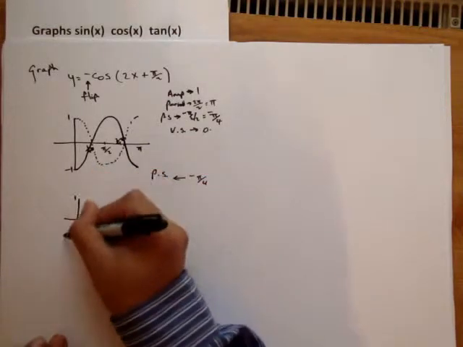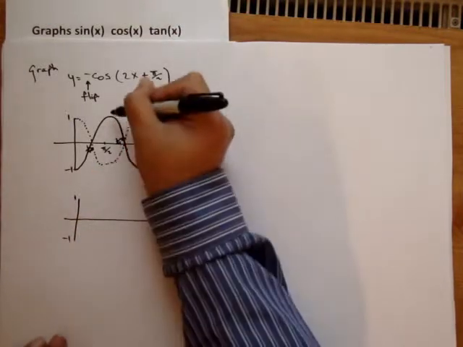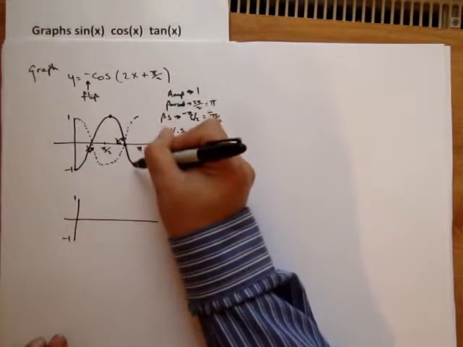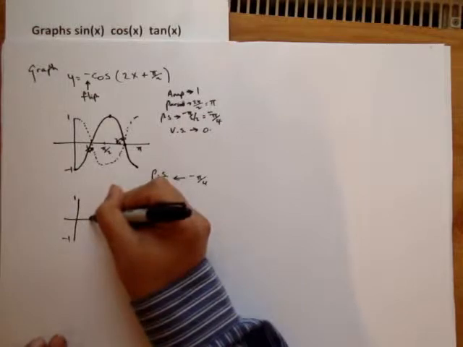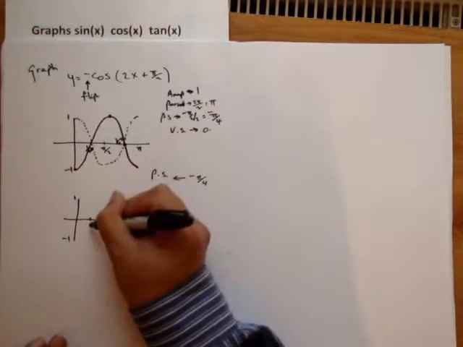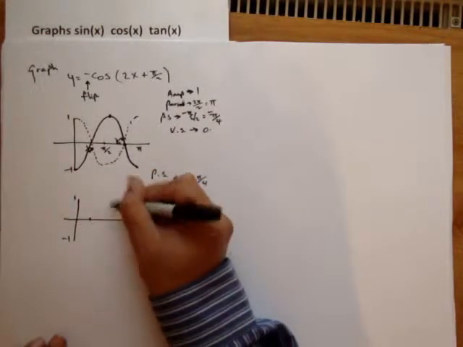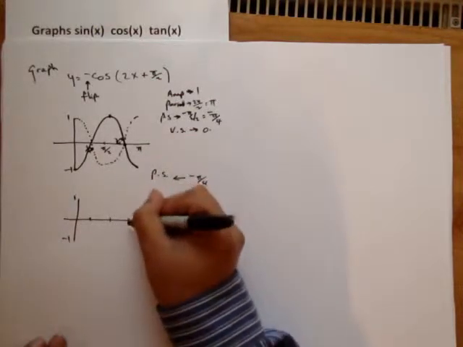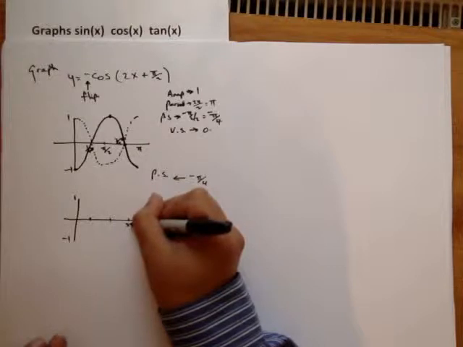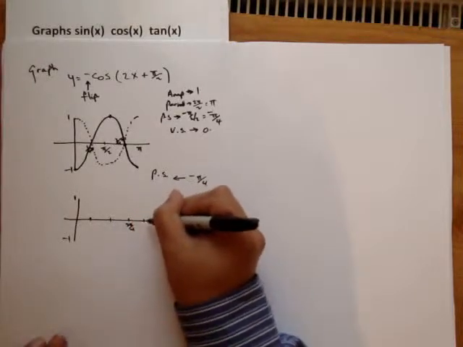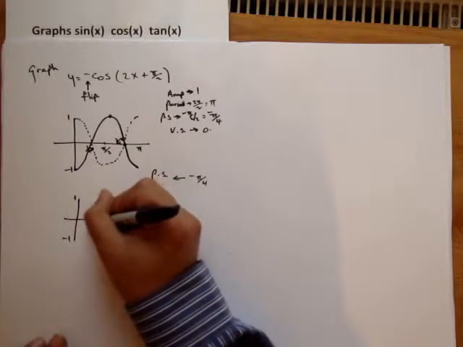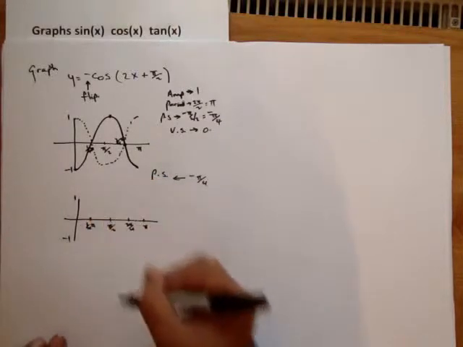So let's draw our axis again. So we've got 1, -1. Let's choose some points on our flipped curve that we're going to move across. Here we've got half pi, pi, 3 over 4 pi, pi over 2, quarter pi.